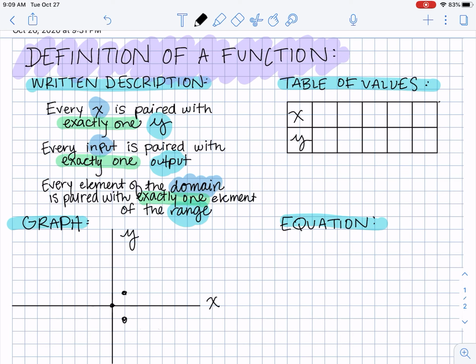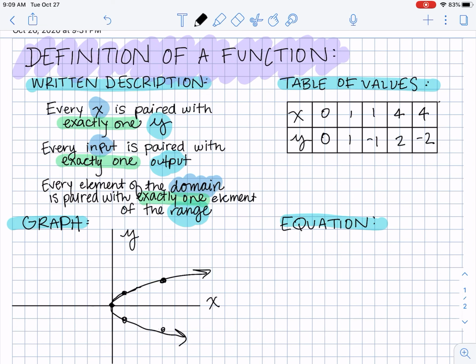Already we know, oh no, not a function. Definitely not. It doesn't pass the vertical line test. Well, if we were to list these values, I'd have 0, 0. I'd have 1, 1. But I'd also have 1, -1. And I'd have 4, 2. And I'd also have 4, -2.